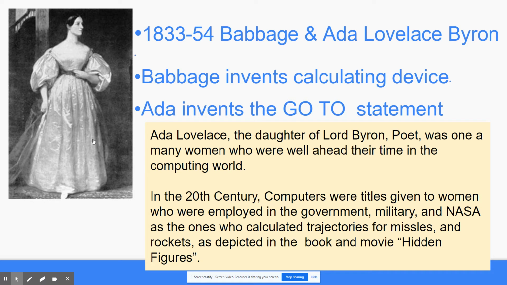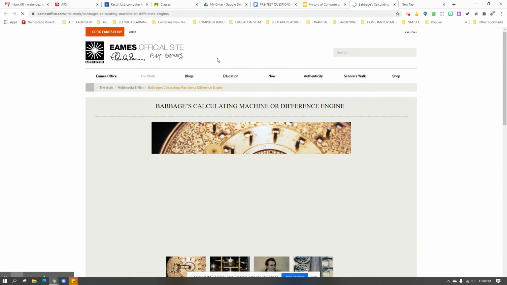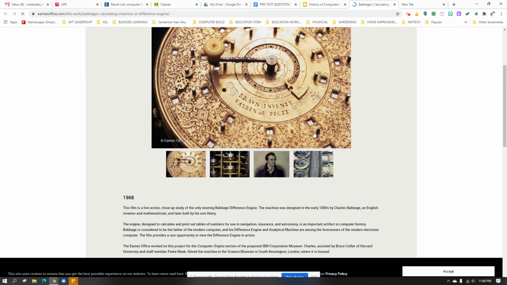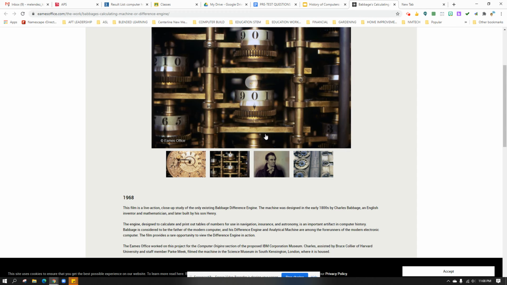There is a video which you'll be able to access through this about the calculating machine, and we'll go into more detail later. So here are some pictures about his machine. It's amazing because each one of these things turns around and they have the numbers 0 to 9.